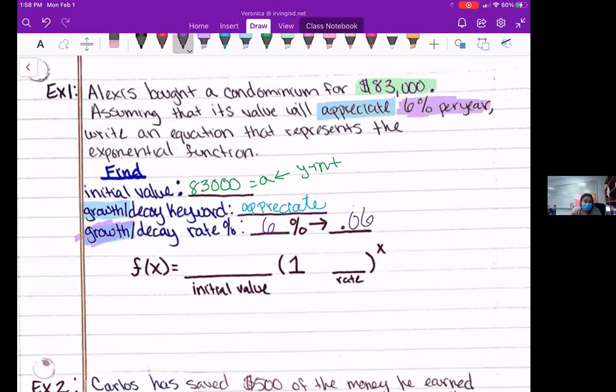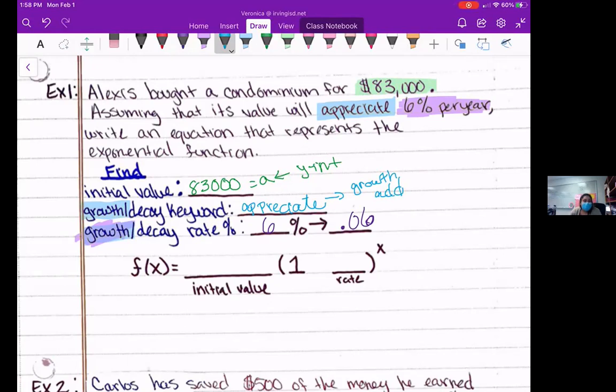Yes, 0.06. So because I know this says appreciate, I know that means this is growth, and I know I need to add in order to find my factor.